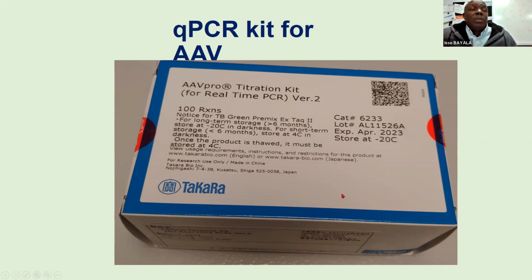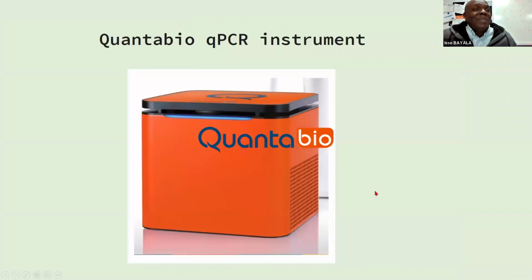So we purchased that kit and we did a qPCR. The qPCR instrument we use is called QuantaBio. It's small and relatively easy to use. The software is available and you can just download it, and it's portable.